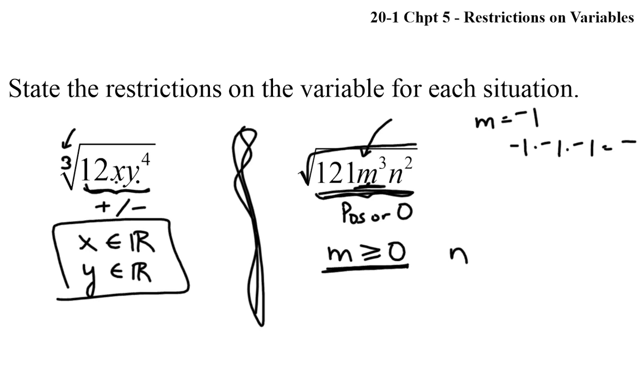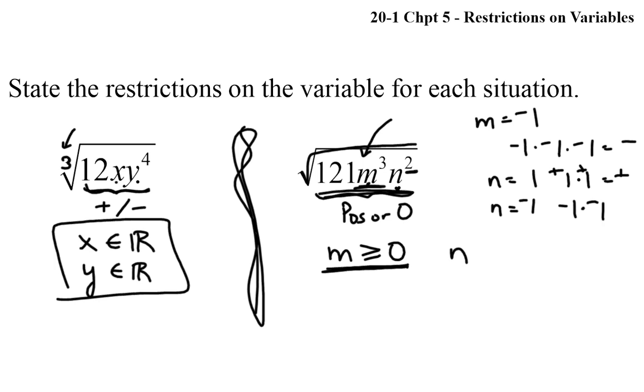But n, we see that n is squared. So because it's squared, if I put a positive for n, if n equaled 1, a positive, well, positive times a positive is still a positive. So that's not a problem. But if n were negative 1, that's actually okay as well, because we're squaring n.